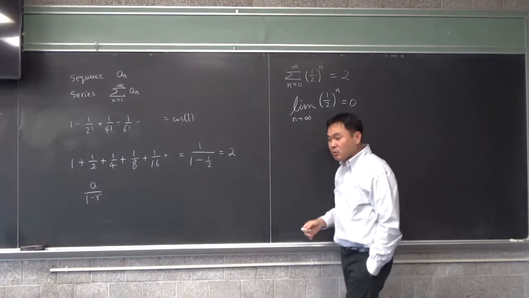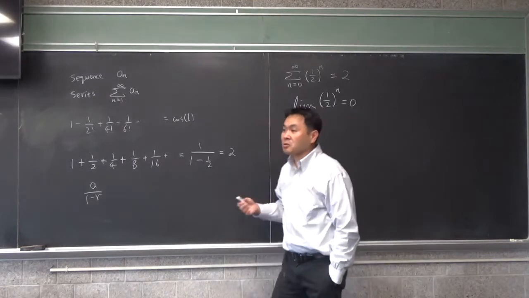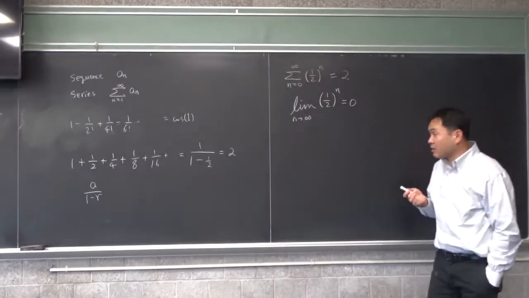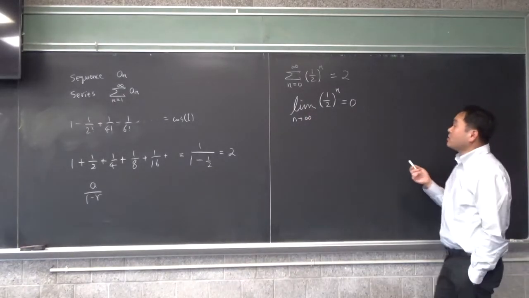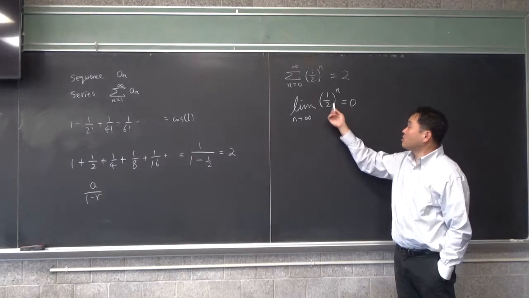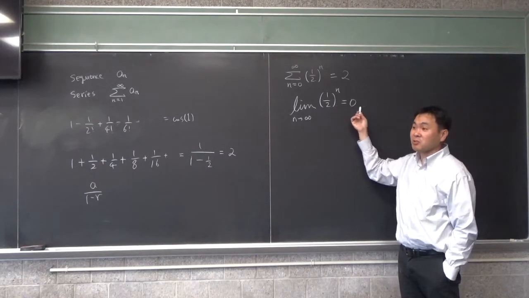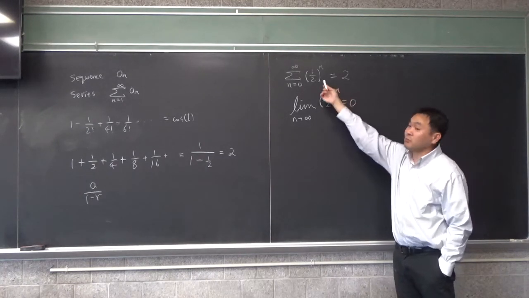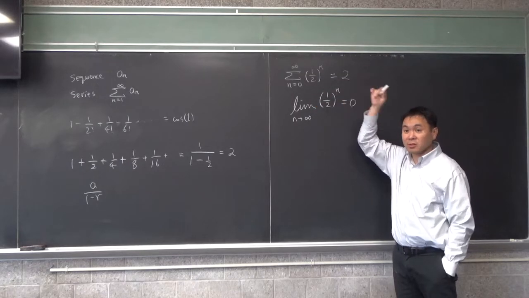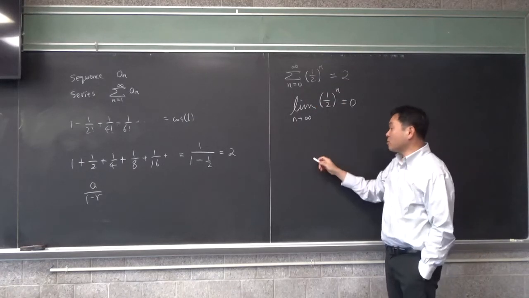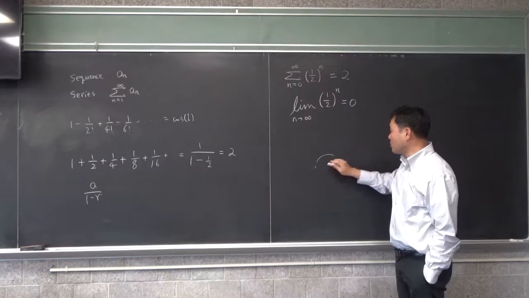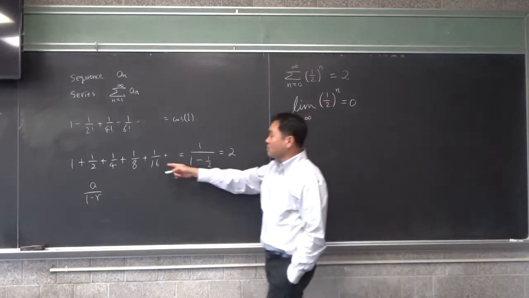One of the things I was talking about in the last class was how it's necessary for the limit of the sequence to be 0 if your original series converges, right? Imagine that you're adding something. I was talking about these things as jumps.